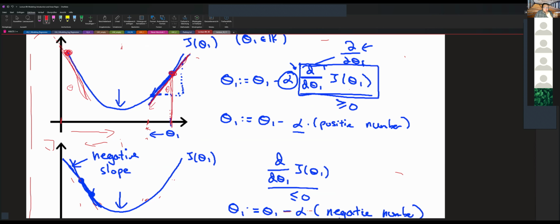So what we're going to do is use the slope to change the parameters. Obviously, we want to arrive here. So let's say we're going to move this one to that one. So this is theta 1. We're going to start here, and then I'm going to move it more towards the minimum.